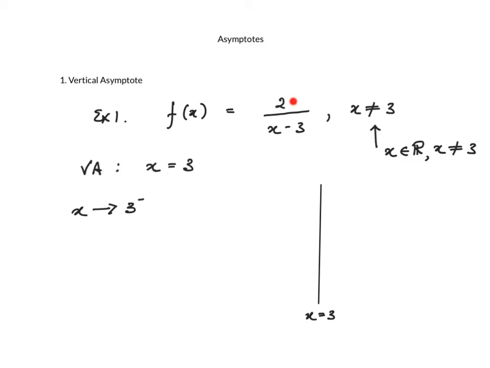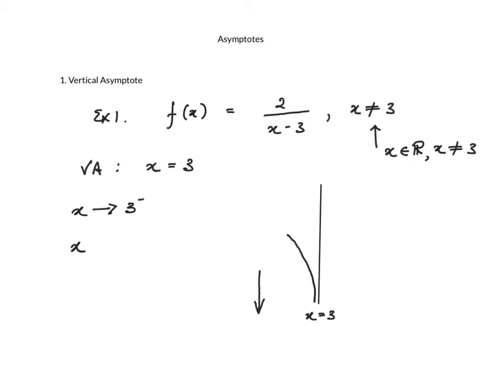So 2 divided by a small negative value gives us a large negative value, which is to say, to the left of the asymptote, x equals 3, we have a large negative value. Now a large negative value means we've got activity down here. So if you imagine these are large negative values of y.